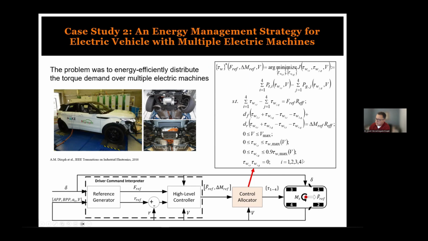We formulated the problem. I'm not focusing on the detail, but again, this problem has the same issue that electric motors can be working either as generator or in motoring mode, and it should switch between them and cannot work in both at the same time. Then the question is when this should be switched.